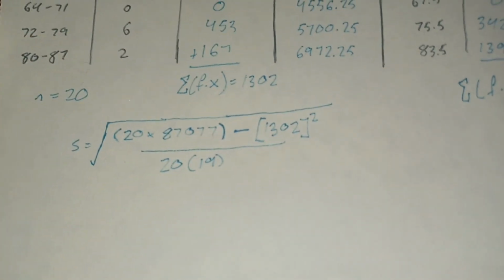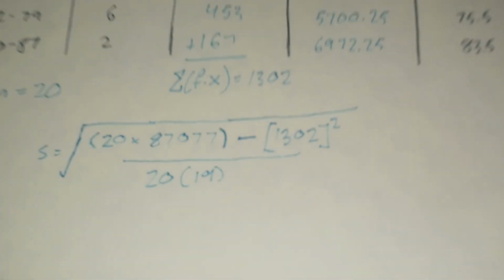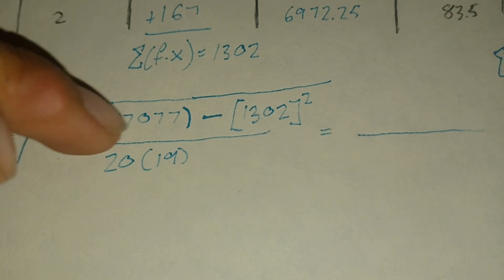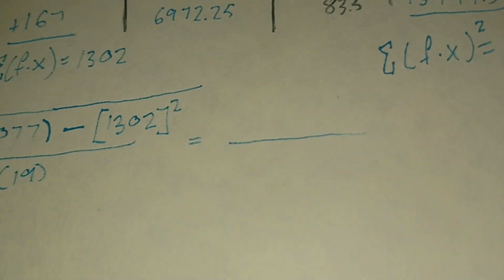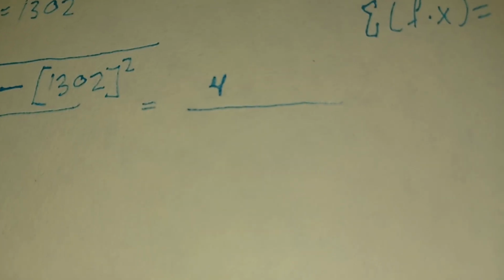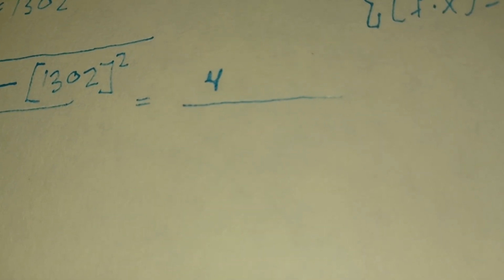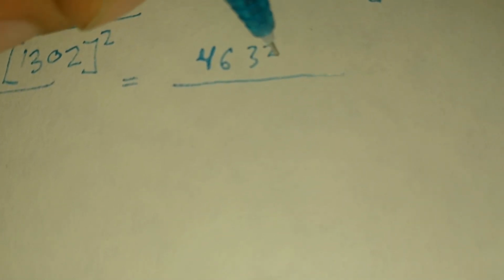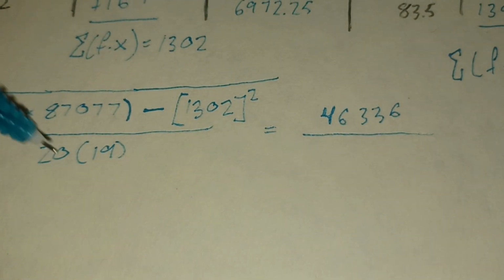If you do just the top portion first, we are going to get 46,336. If you compute the bottom part, it's going to give us 380.